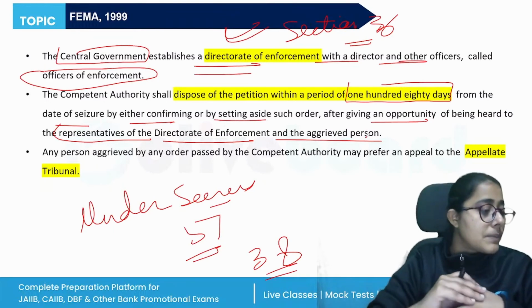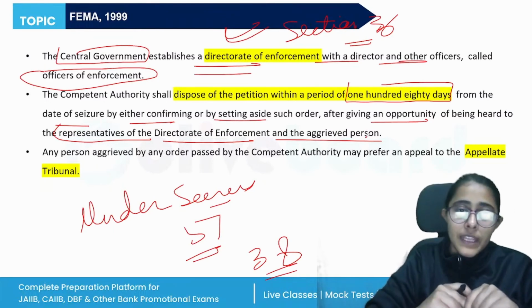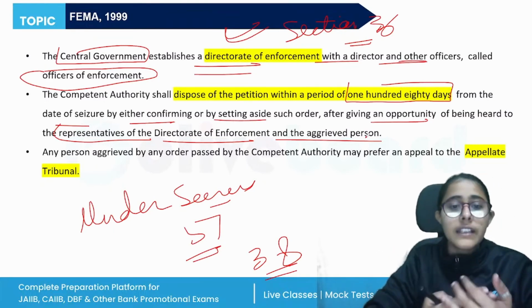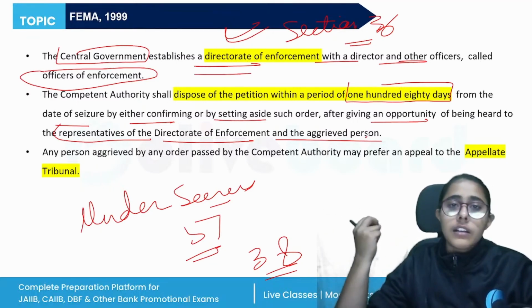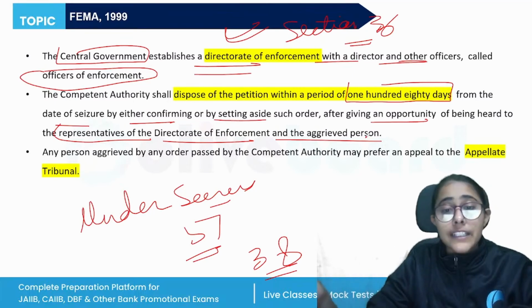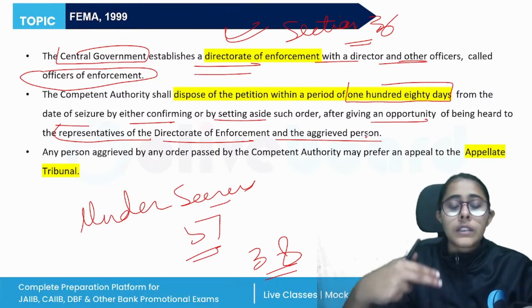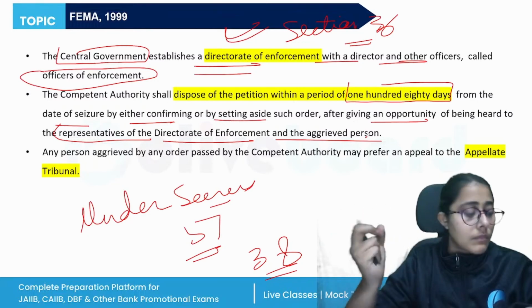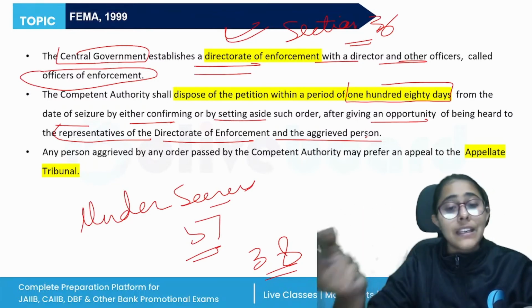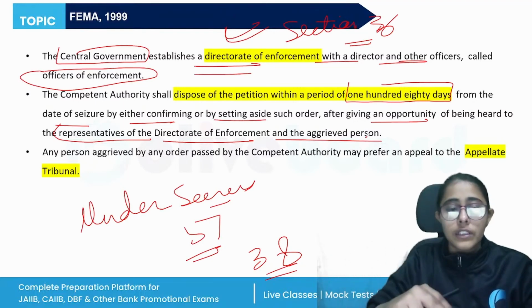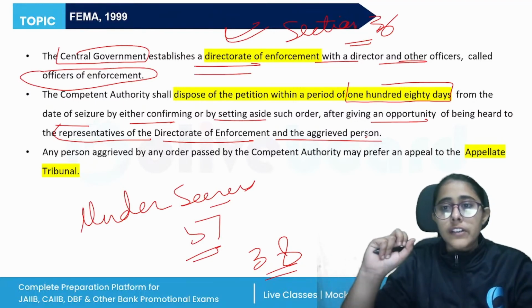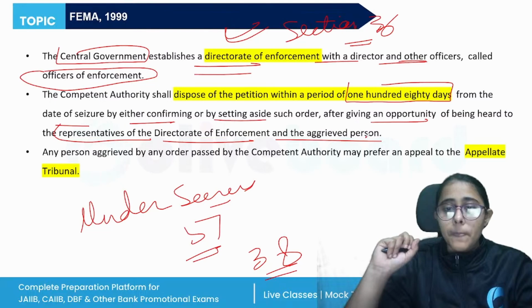We said that every person has a right to appeal, right? So even here the aggrieved person can have the right to appeal if, under the provisions, the central government has, let's say, confiscated the property. So the aggrieved person can go to the court and make an appeal against the decision, and the competent court will give their order within a period of 180 days, right?